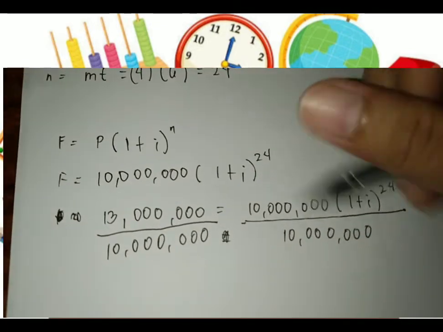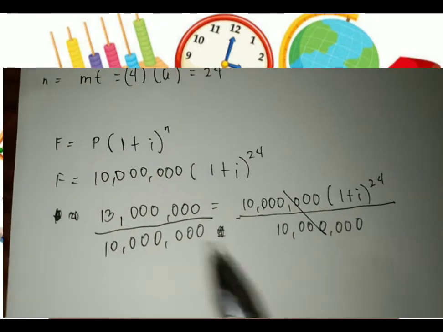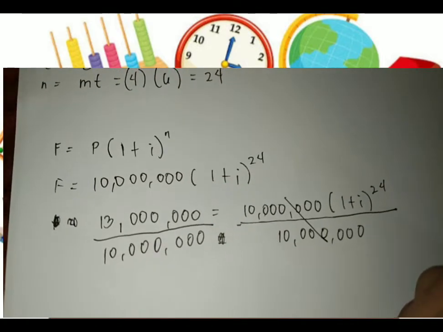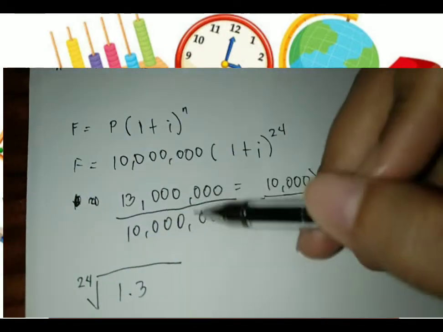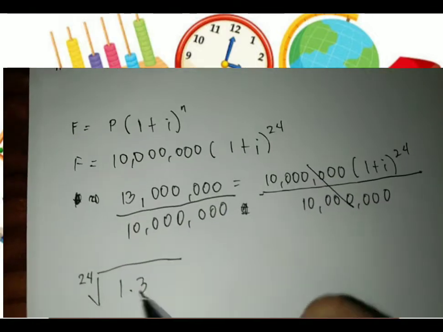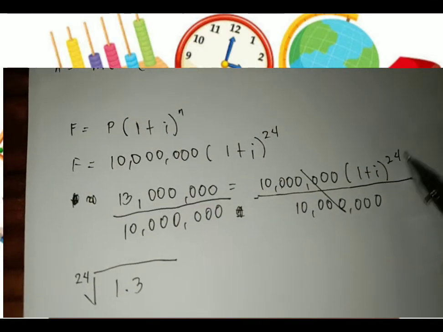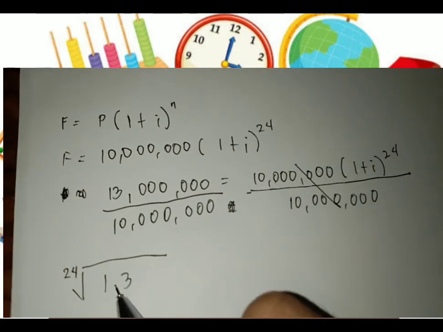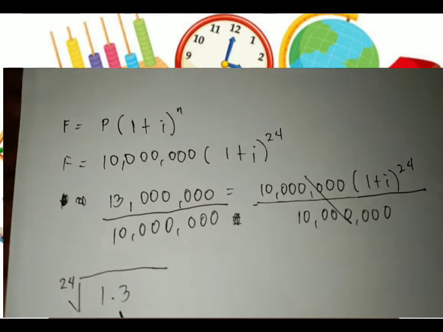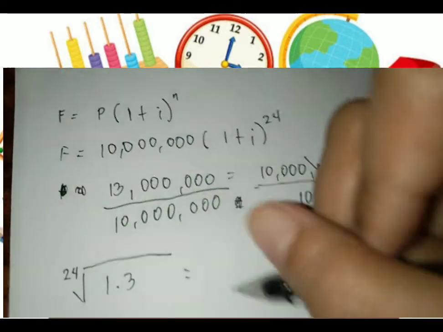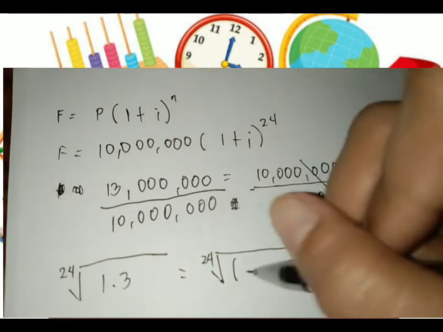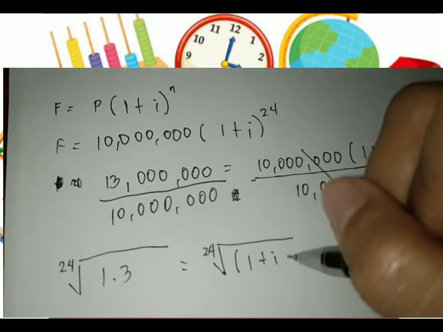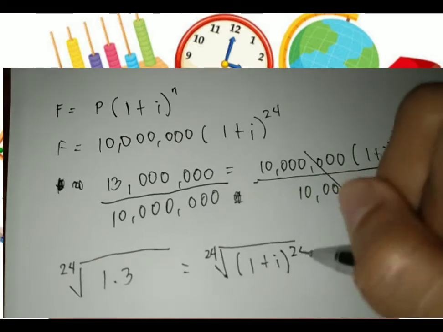Now we are going to take the 24th root of 1.3. The answer, if we divide it, is 1.3, and we take the 24th root of 1.3. Equal to, we also take the 24th root of the quantity 1 plus i raised to 24.